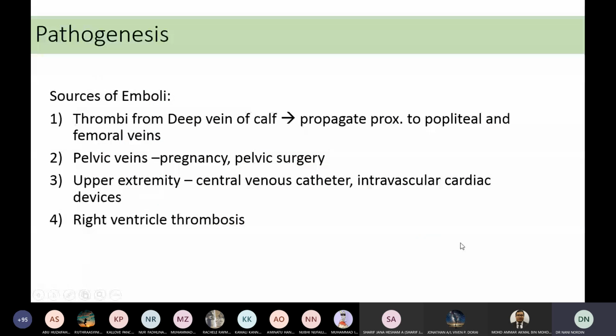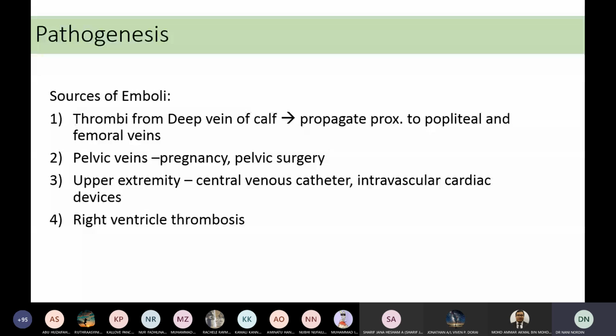All right, so most of the time it is from the deep vein of the calf. But it can also come from the pelvic veins, because we will talk later that risk factors for pulmonary embolism also include abdominal surgery as well as pelvic surgery.